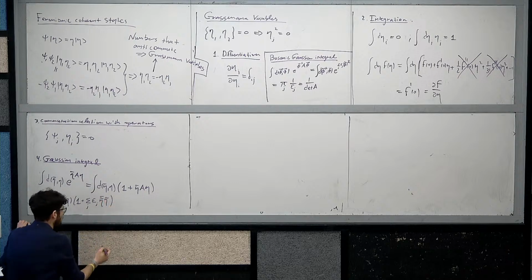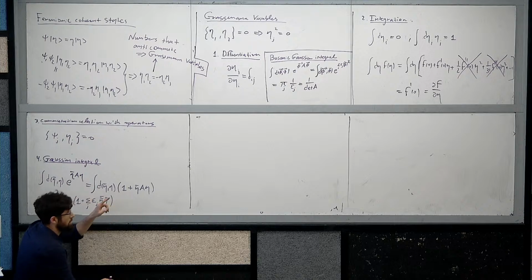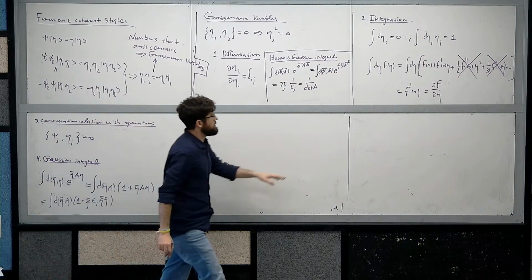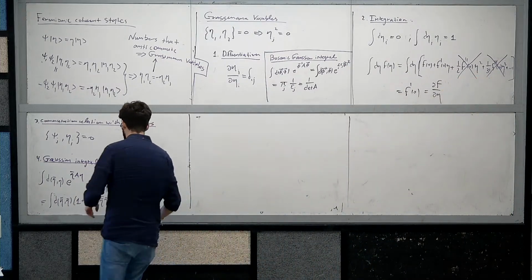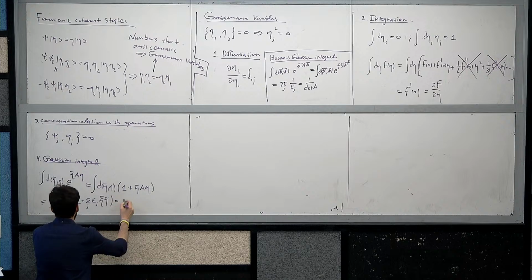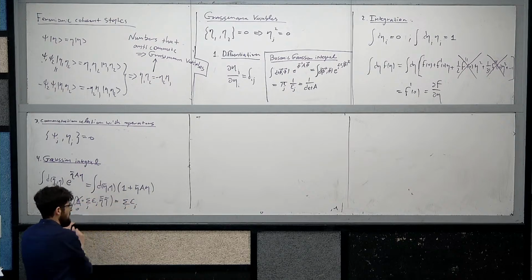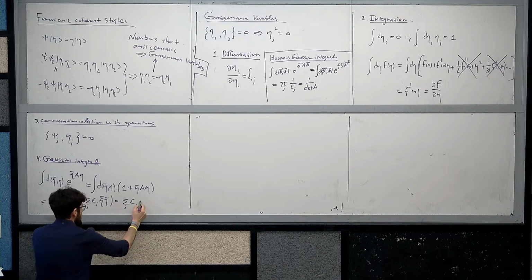By the way, this identity is again the same as before. You see all these higher orders when I expand just vanish. And then this gives me the sum over j epsilon j, because this term is 0 because of the rules. And this just gives me det of A.